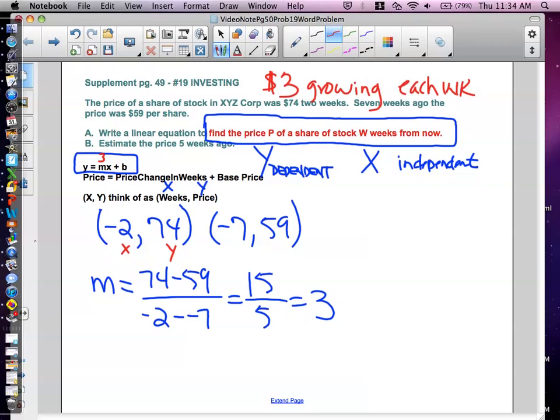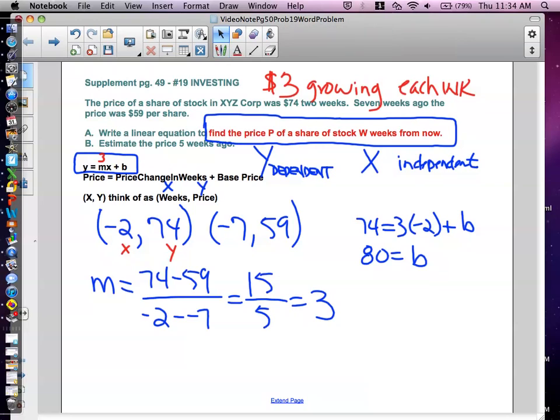So on the way to solving for b, if I choose the point -2, 74, if I solve this for b, I see that positive 80 equals b. So everything is being based off of a price of positive 80. And actually, positive 80 represents the price of the stock today, now, at week 0.